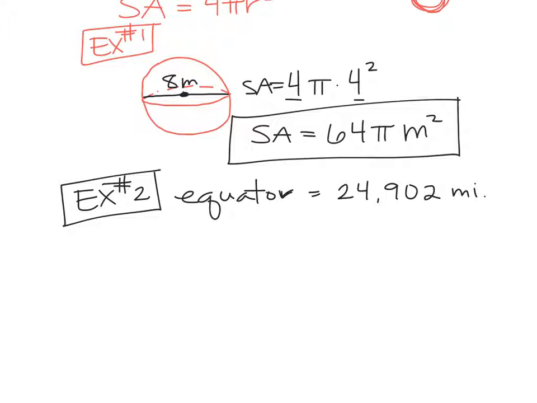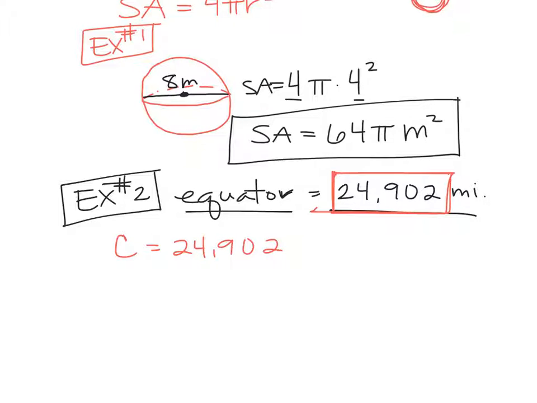How could we find the surface area of Earth if the equator is 24,902? What does this number represent? Not the diameter, the circumference of the great circle.